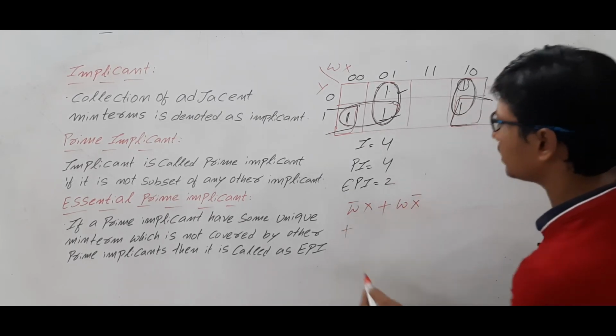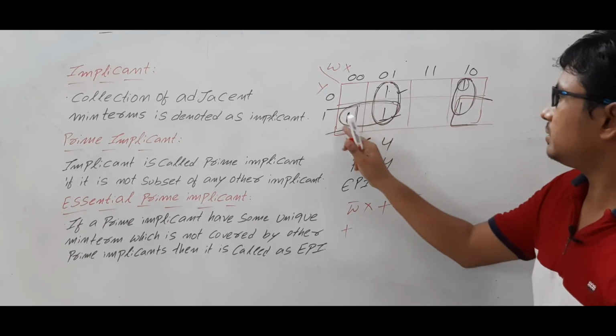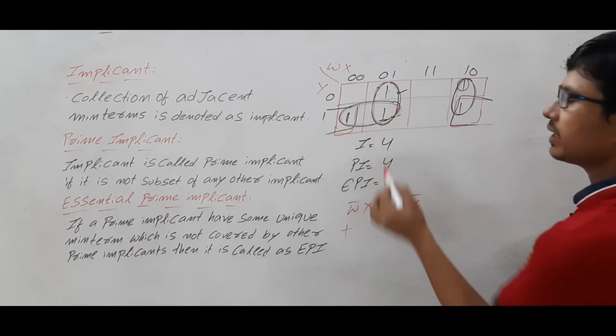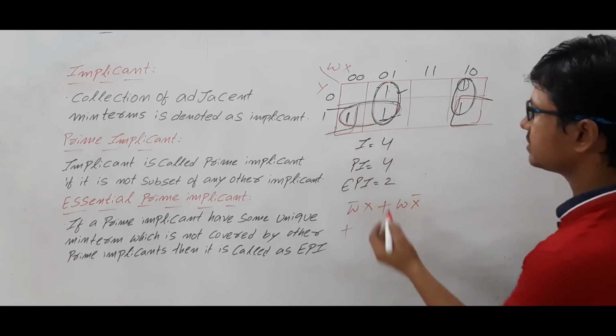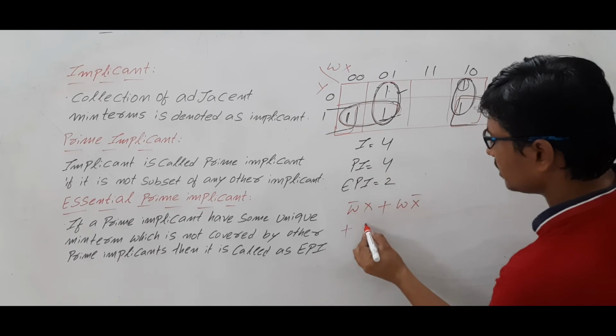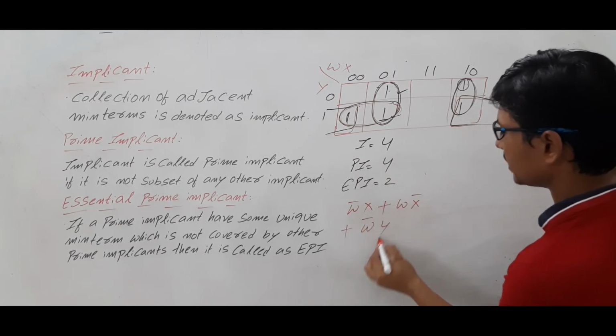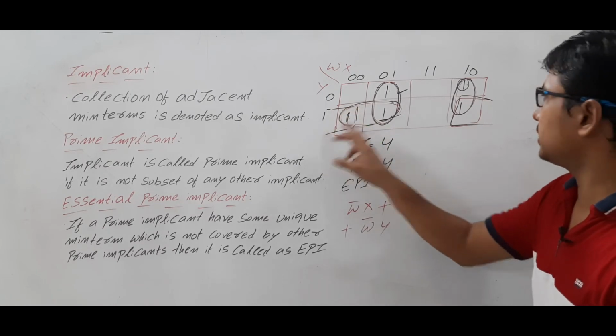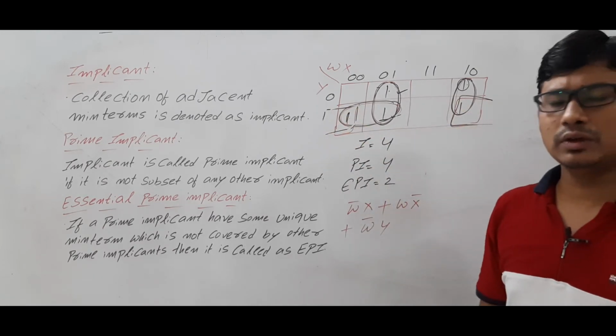Okay, then what about this one? If you see this, one is there which is Y, and between these, W complement Y. Now you can ask me, sir, should I take this prime implicant? No. Why should we not take it?